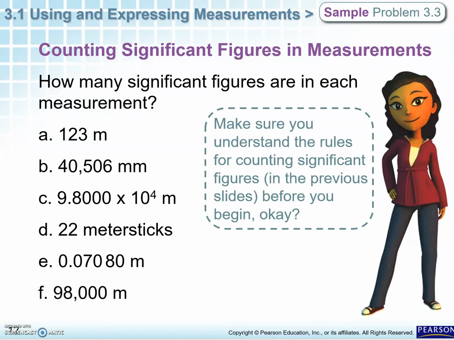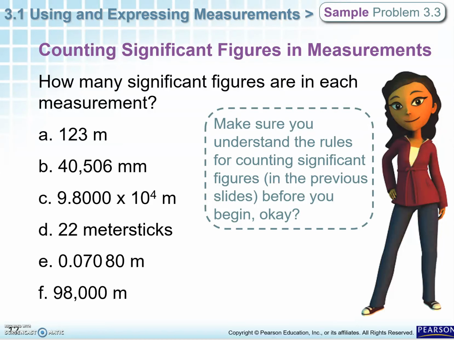All right, this one's a little trickier. Remember, zeros before our first significant number are not significant. So these two do not count at the beginning. However, 7 and 8 are considered non-zero numbers.